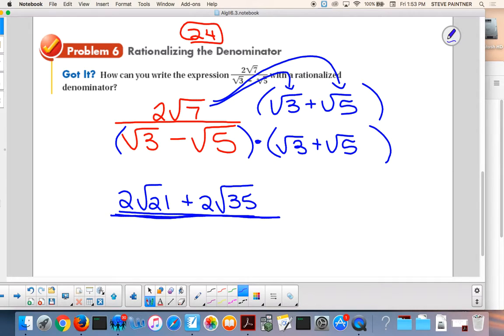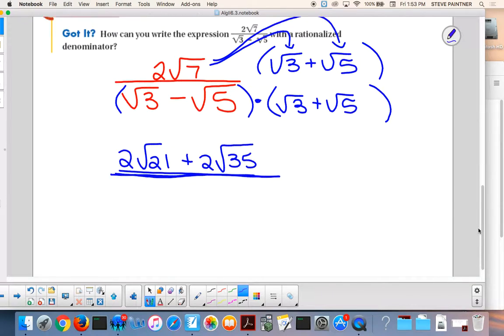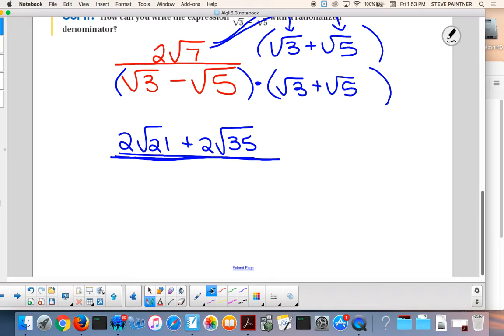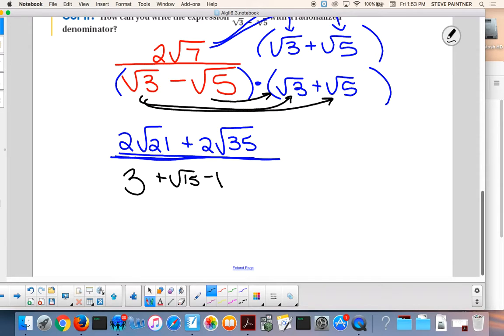There's not much to do on the top because the top is just one term times two terms. It's not foiling, it's just distribution. Okay, the bottom you have to foil. You don't have to do the middle terms, do you?